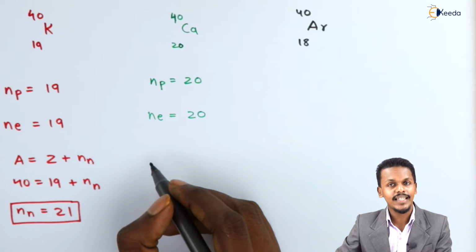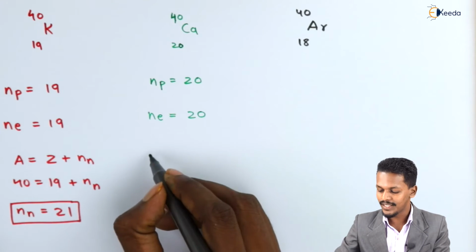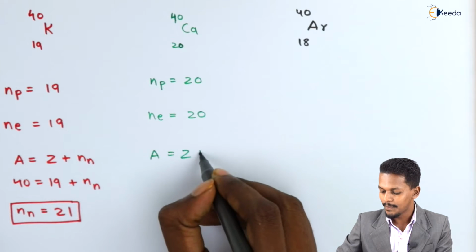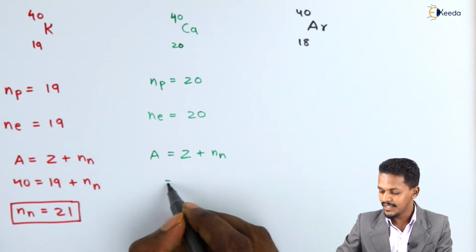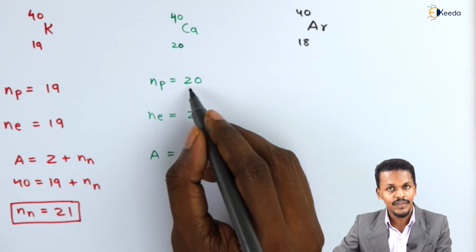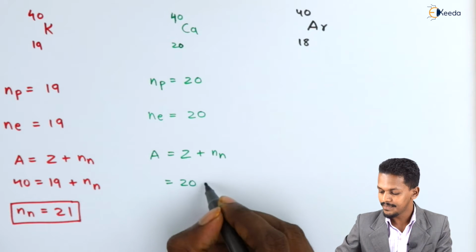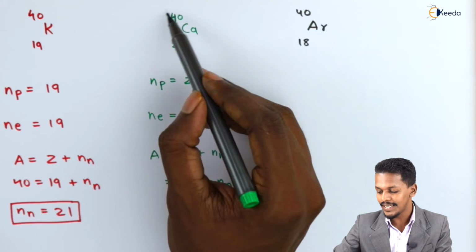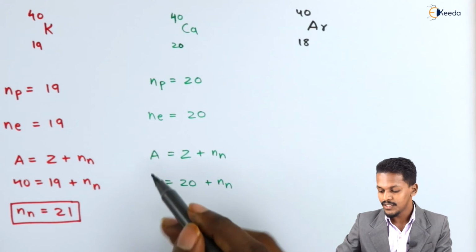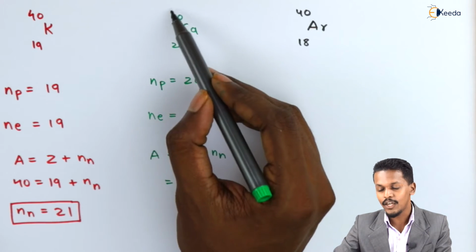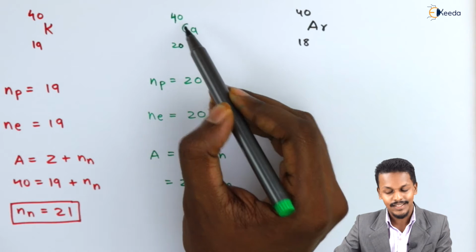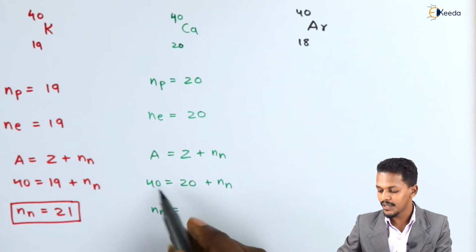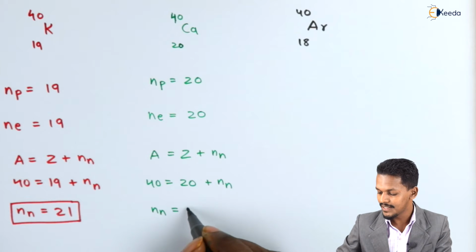To calculate the number of neutrons, we again apply the same formula, A is equal to Z plus the number of neutrons. Here Z, the number of protons, is 20, and the atomic mass number is 40, so I am writing 40 here. Therefore the number of neutrons is 40 minus 20, which is 20.